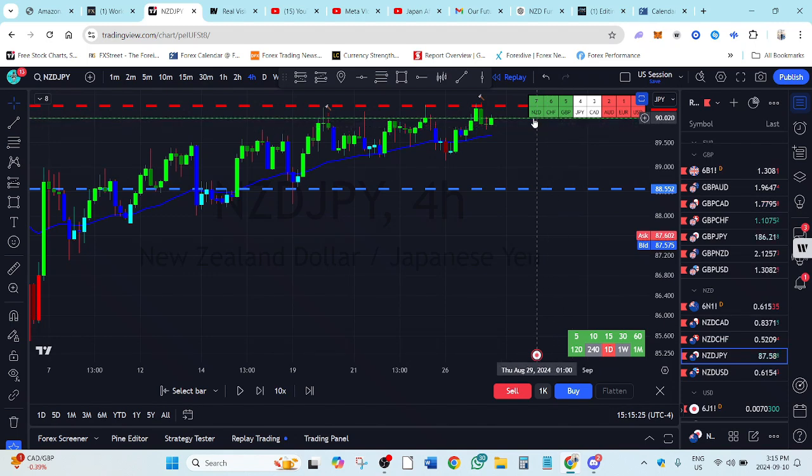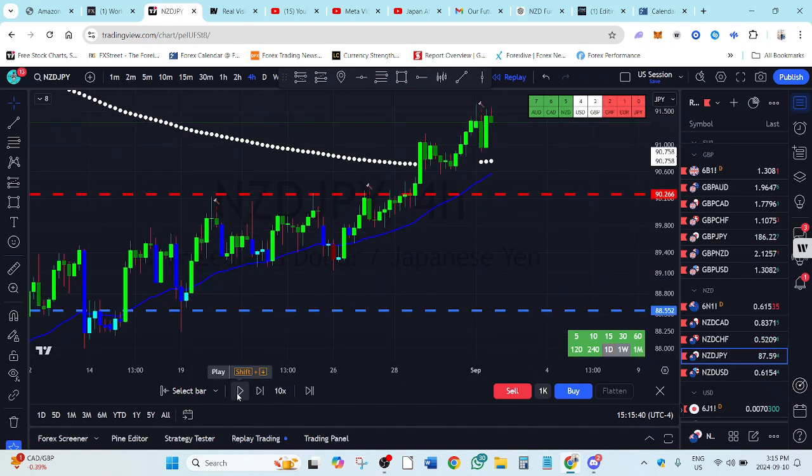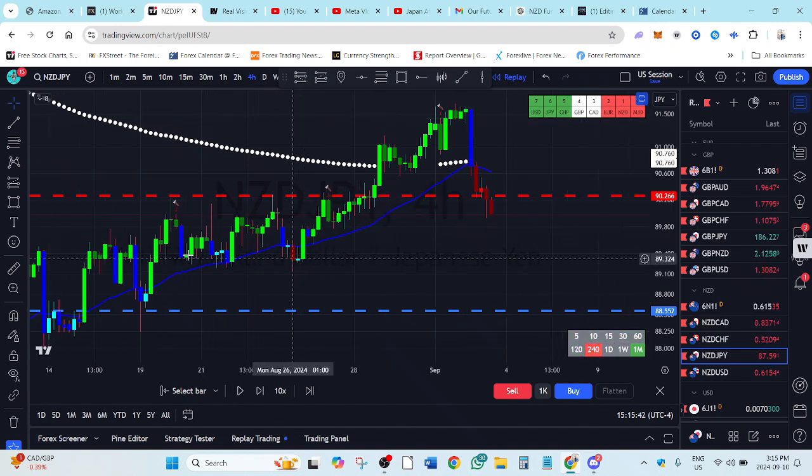As you can see, the New Zealand is a strong currency pair based off the 34 period moving average. So I would be bullish on lower time frames. As you can see, we ended up rallying past his stop. I don't know if he got back in or not, but this whole time I would have been bullish on the lower time frames.